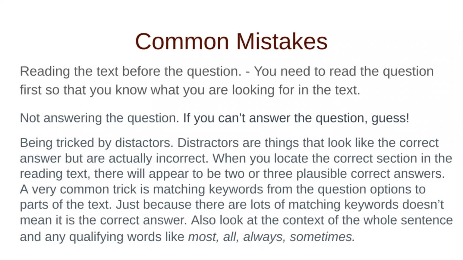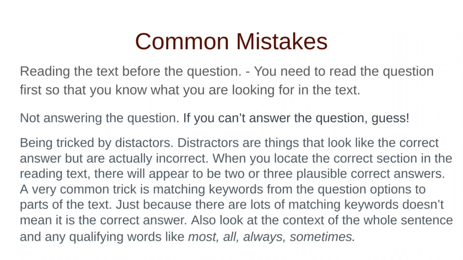Next, being tricked by distractors. Distractors are things that look like the correct answer but are actually incorrect. When you locate the correct section in the reading text, there will or may appear to be 2 or 3 plausible correct answers.